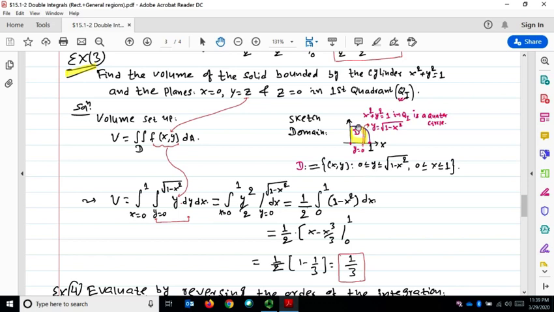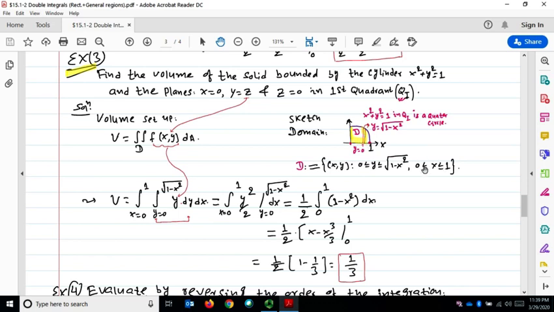And the exiting value is given by this curve, which is x squared plus y squared equals 1. Solve for y. So y equals the radical of 1 minus x squared, which is the upper bound for y. And to look for the x limits, the minimum value and maximum value for x are x equals 0 to x equals 1. These are the bounds for x then.